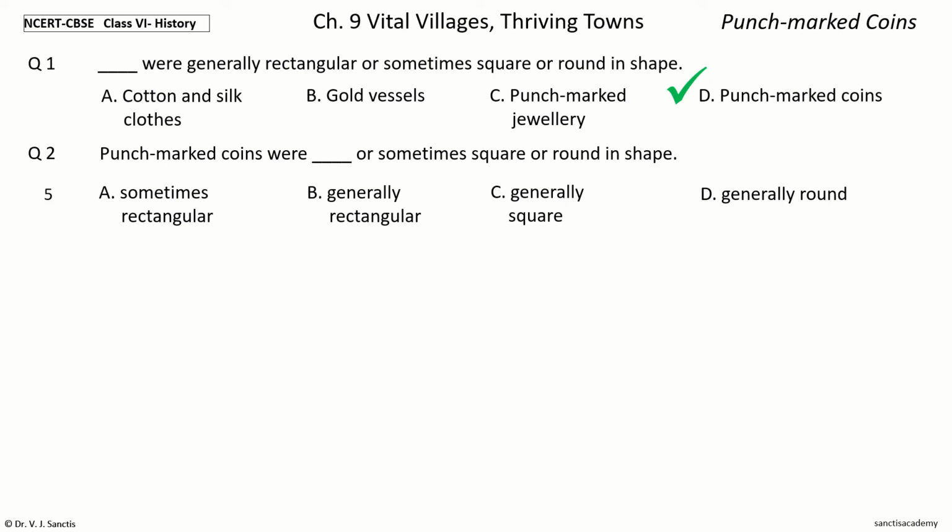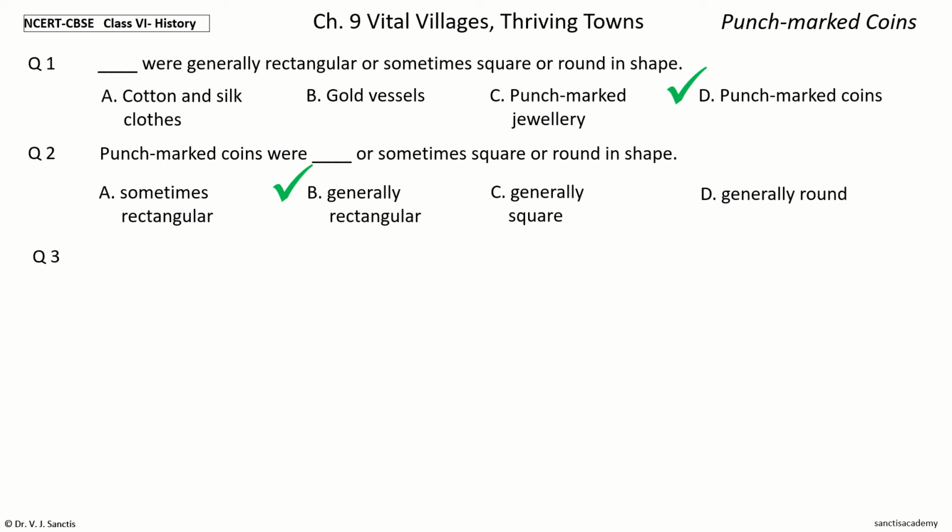Your time to choose. And the answer is generally rectangular. So, punch-marked coins were generally rectangular or sometimes square or round in shape.